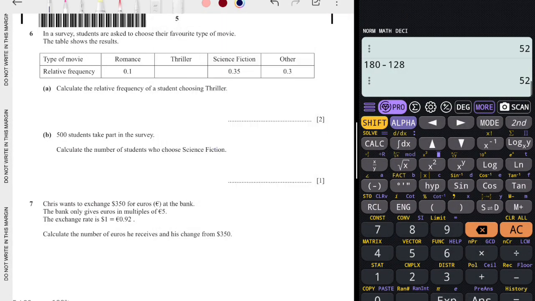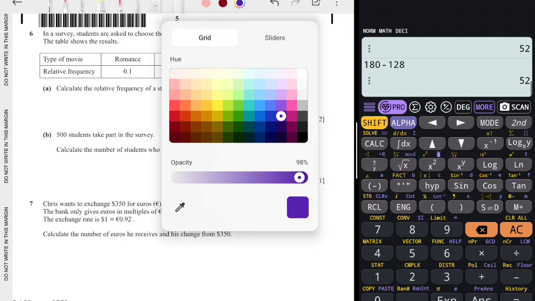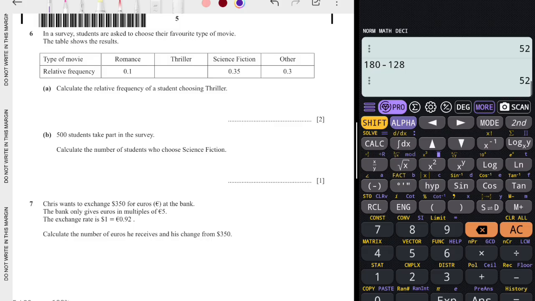In a survey, students are asked to choose their favorite type of movie. The table shows the results. Type of movie: romance, thriller, science fiction, and other.